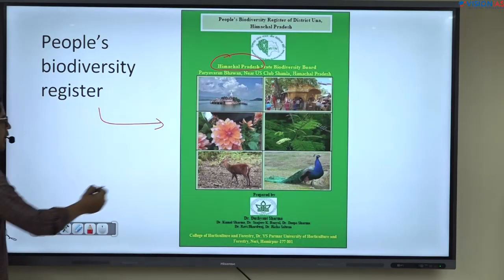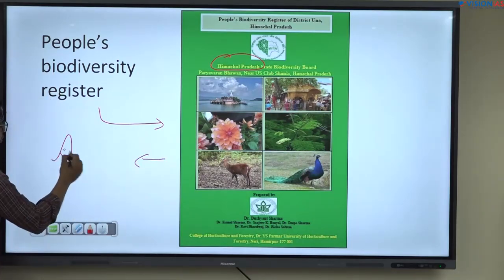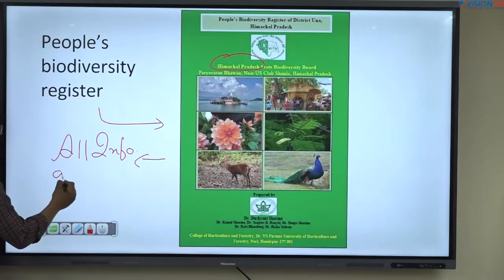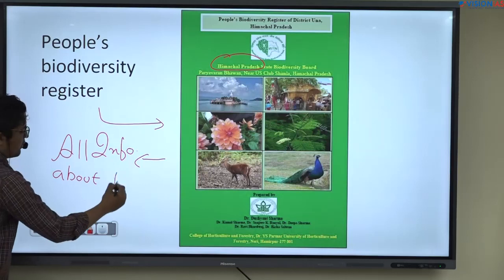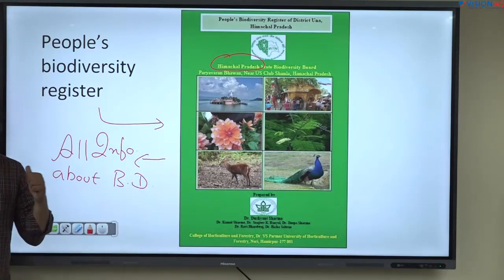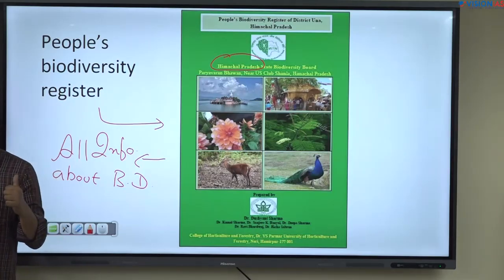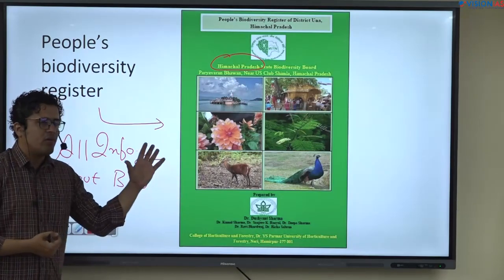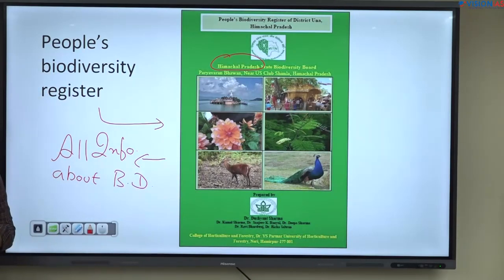This register will have all information about biodiversity. Suppose a BMC is making this register. So in this register, complete detail of biodiversity of that area would be given. So if you read this register, it will have all the details of biodiversity of that area.